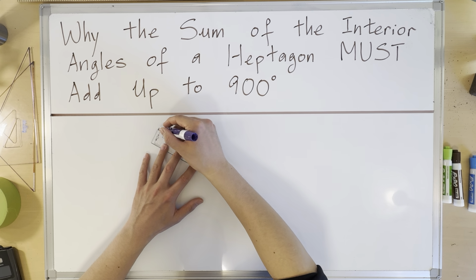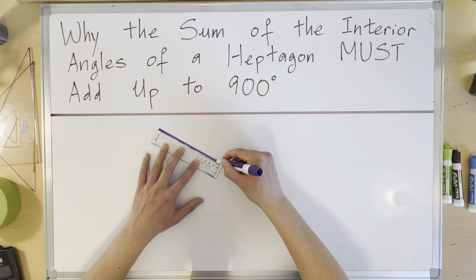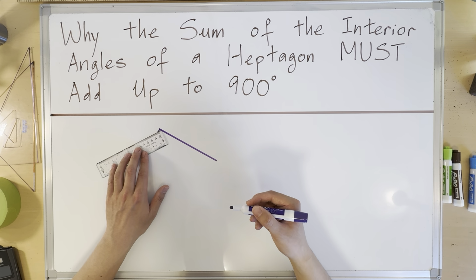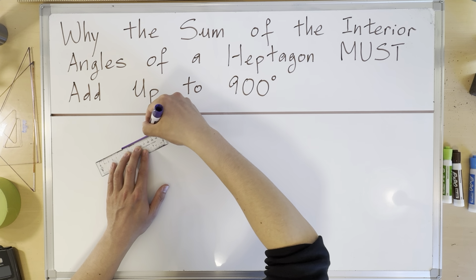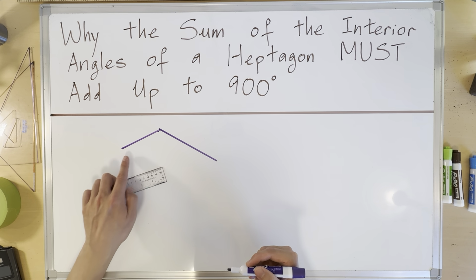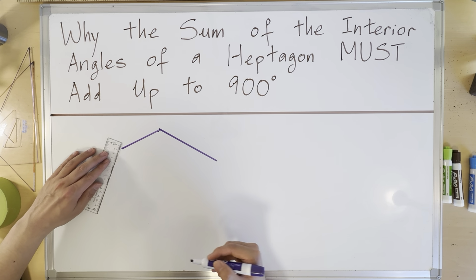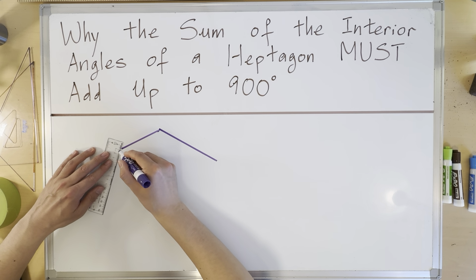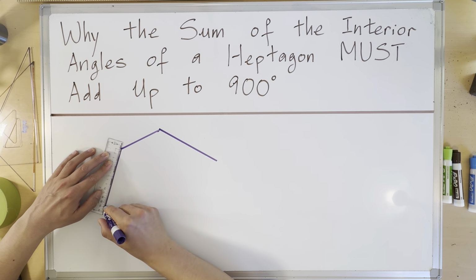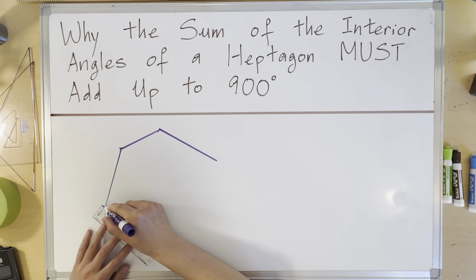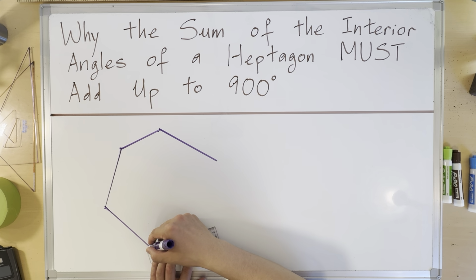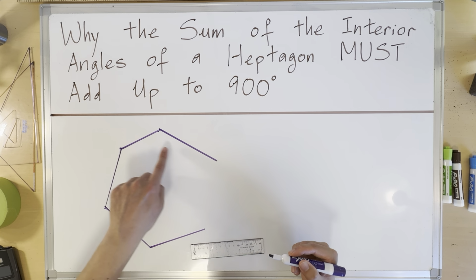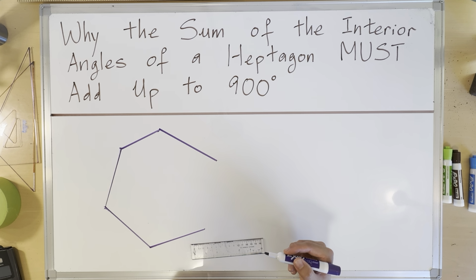As an example, let's say we have one of the sides right here, like this, and another side that is shorter than this side, and maybe something like this, and like this, like this. So now we have 1, 2, 3, 4, 5 sides.